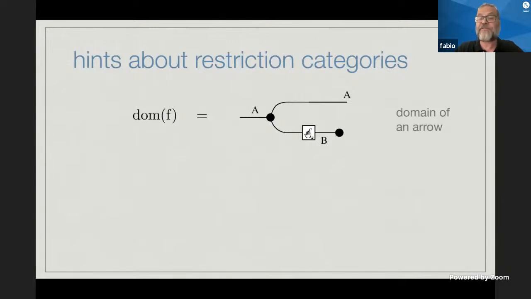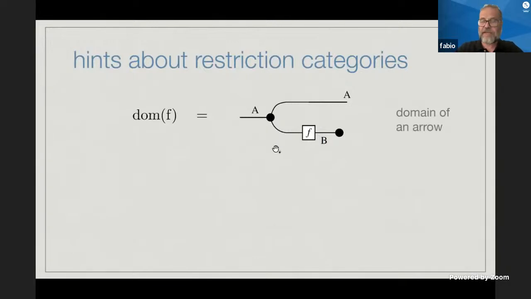This has the effect of throwing away all those inputs which are not valid, where f is not defined, so it allows just the passing of all the values for which f is defined.